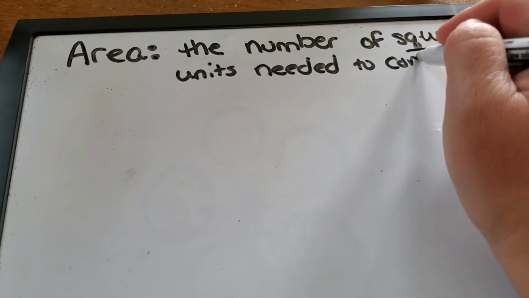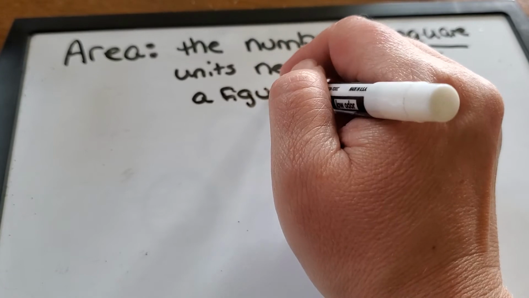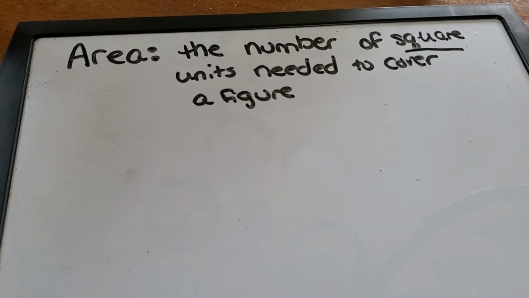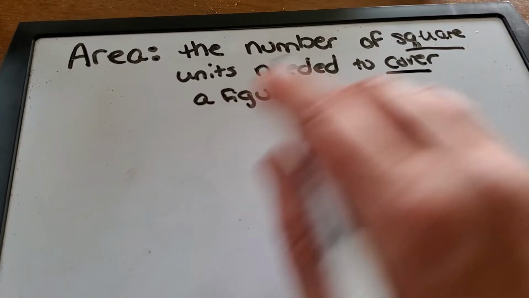Let's say we're talking about covering a circle. So real life examples would be if you wanted to put a pool cover on your pool, you need to cover that circle. If you had a circular bedroom and you wanted to lay carpeting down on it, the area of the floor would tell you how much carpeting to buy. Anytime you are covering something, that's area.